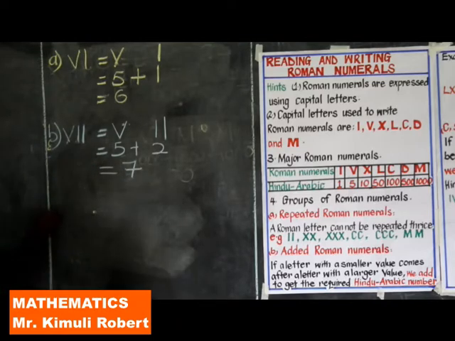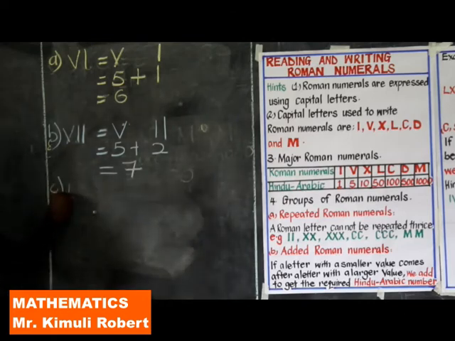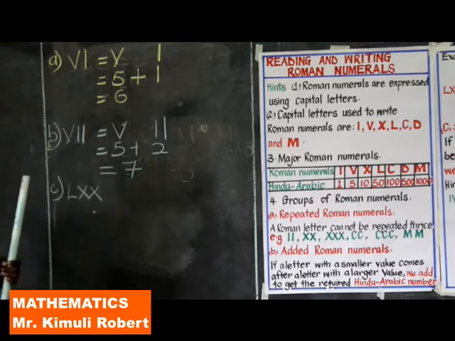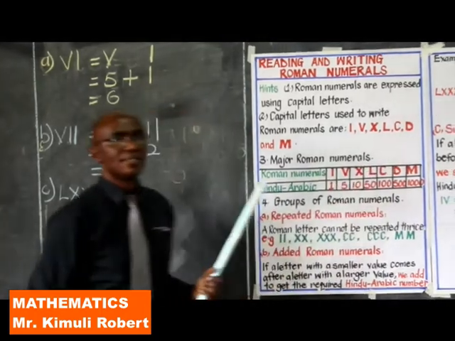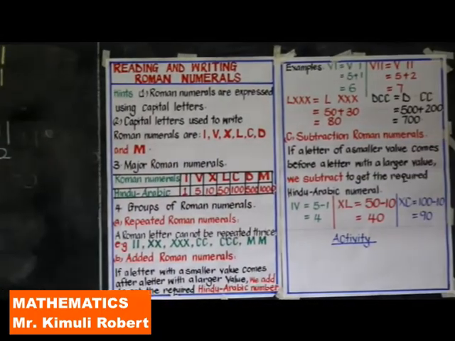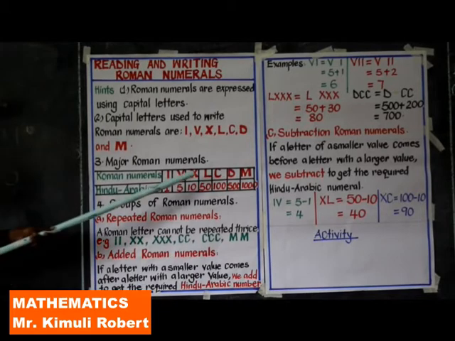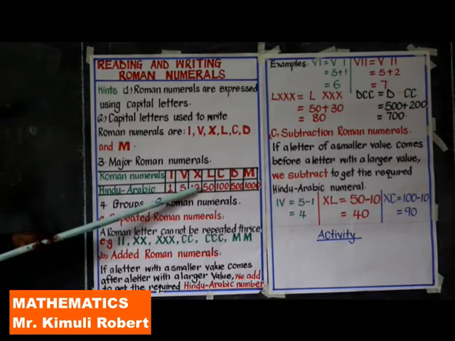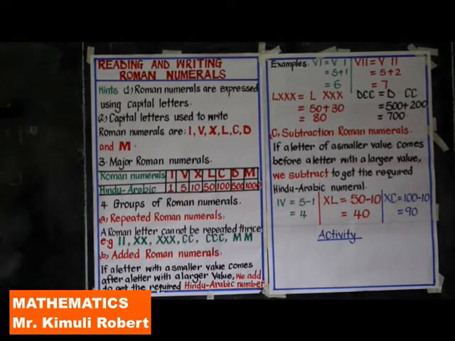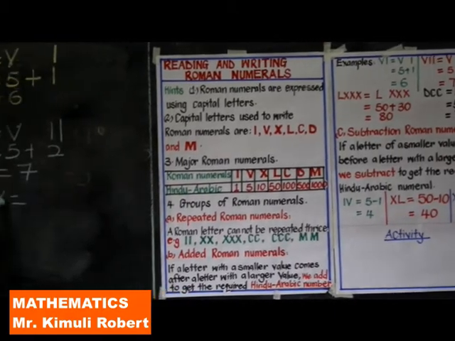Another example is LXXX. This is what I'm looking at here. So we have L again. When you look at X and L, L is of a higher value than X. L is 50. X is 10. Are we together? And when you get these three X's written thrice, that is a number, and it is 30.